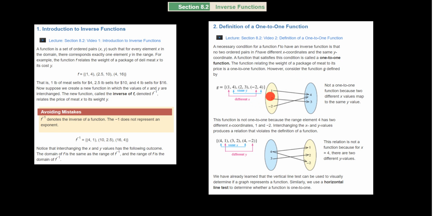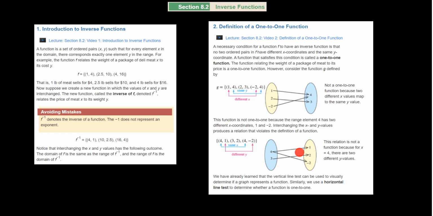Well, notice how two of them go to one element in the blue. Since there's not one going to just one, then it is not a one-to-one function, right? We can also see this is not a one-to-one function either because we are going to different elements. All right, this is actually not even a function, is it?